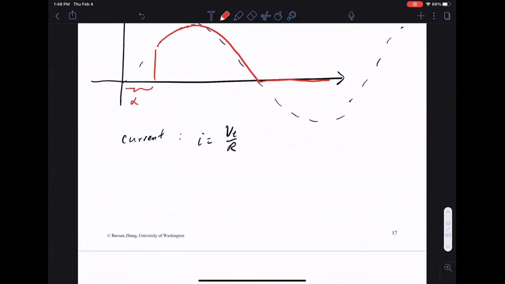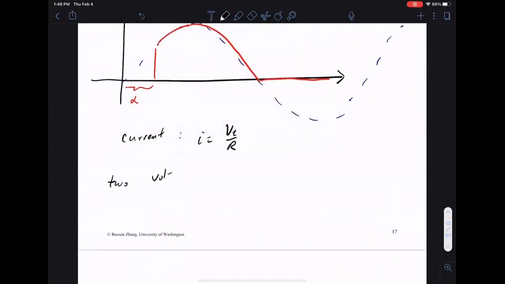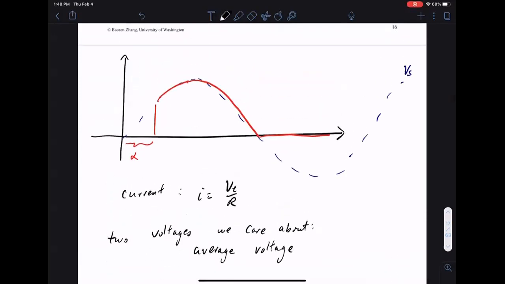So what we care about is the average voltage. There are two voltages we care about. There's an average voltage. We care what this average ought to be.